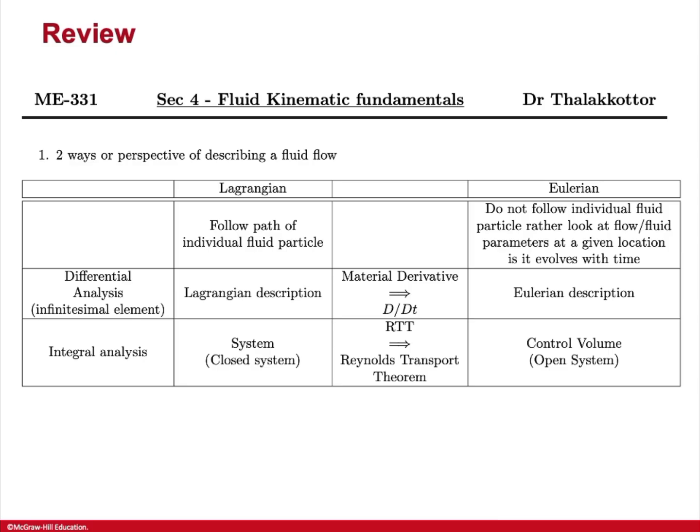The second line here is essentially what we just talked about. For differential analysis, to connect Lagrangian and Eulerian descriptions, you use the material derivative. But for integral analysis, to connect the system analysis, a closed system, with the control volume, an open system form, you use the Reynolds transport theorem. This top-level understanding is at least expected, even if you don't completely grasp the derivation of it.